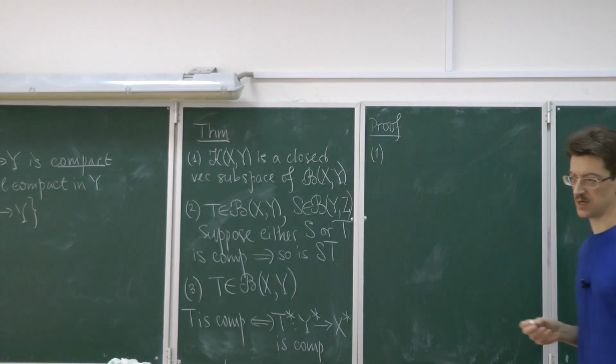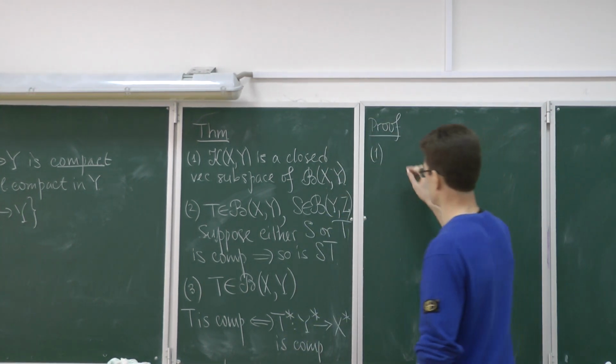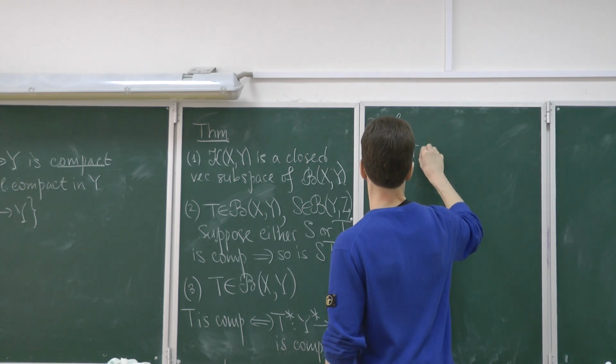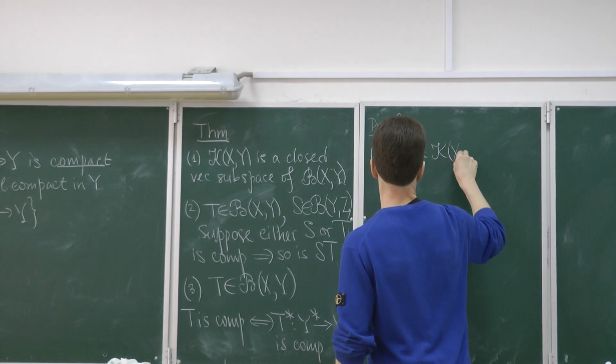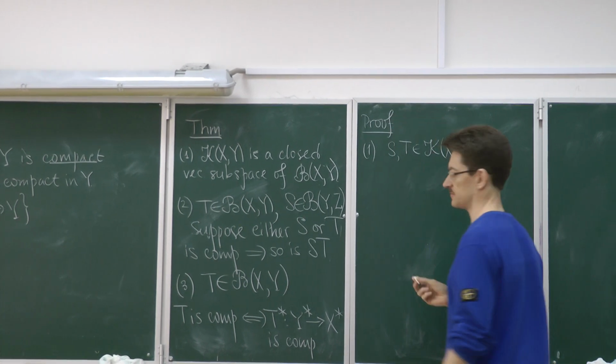Part one. So we take two compact operators, S and T, and we want to show that their sum is compact.